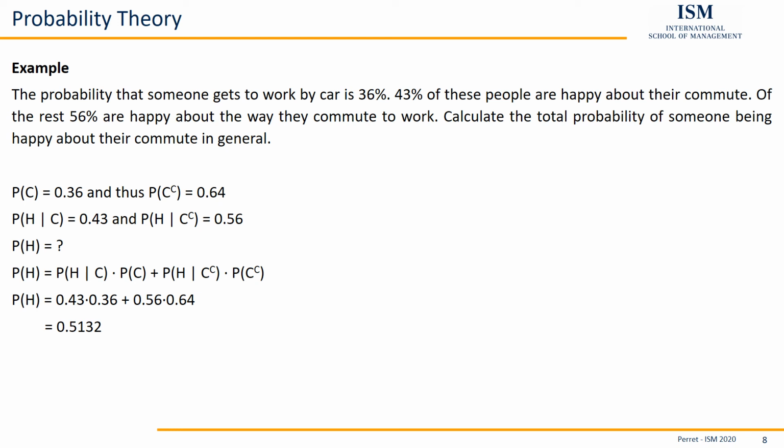So the percentage of being happy, independent of in which way you commute to work, is 51.32%.